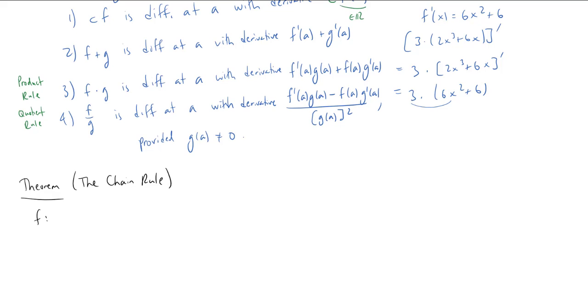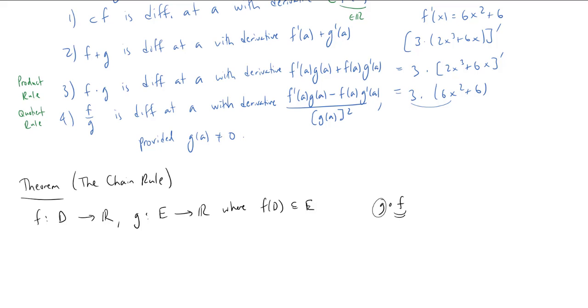So here I'm going to have a function f that can go from, say, D to R. But now my g, well, that could go from some E to R, but it needs to be the case that the image of f is contained in E, because I want to compose these. Okay, so I want to do g composed with f, and this only makes sense if all of the outputs of f are actually in the domain of g. Okay, so that's what I'm saying here. The outputs of f are in the domain of g.